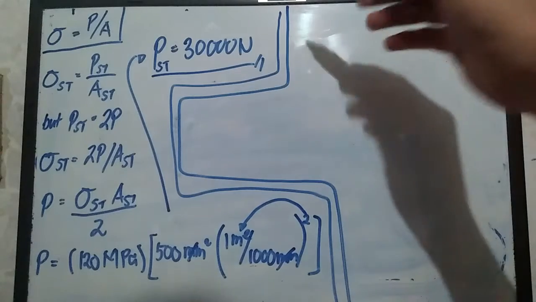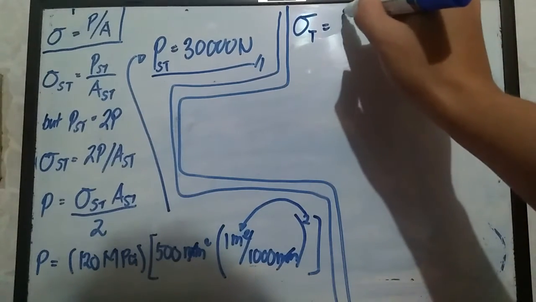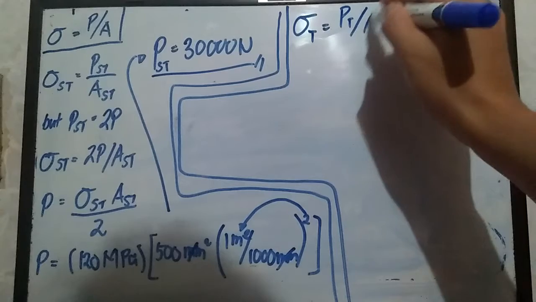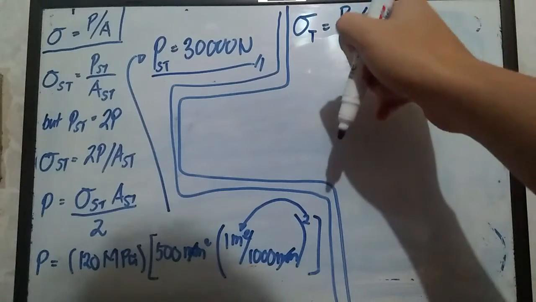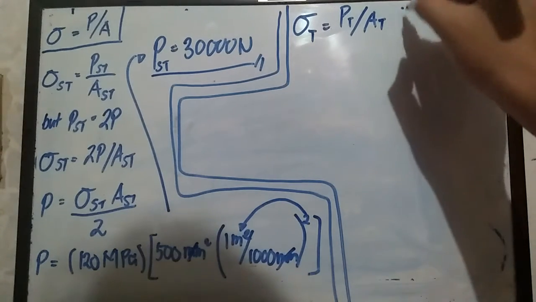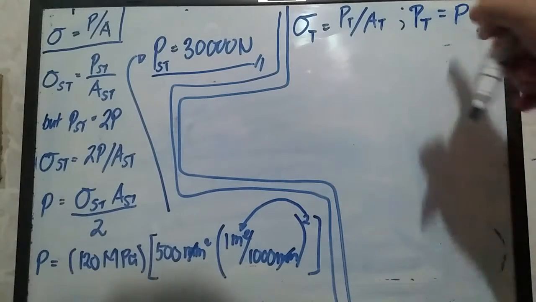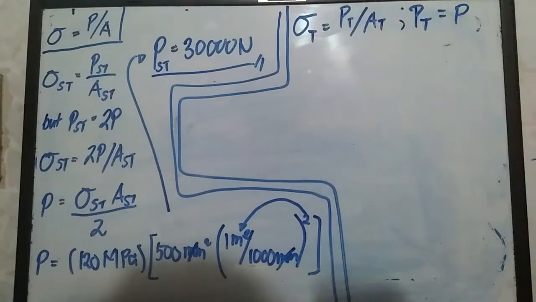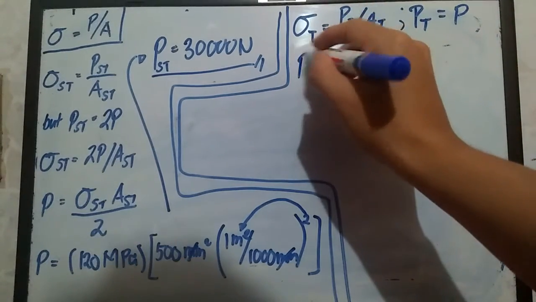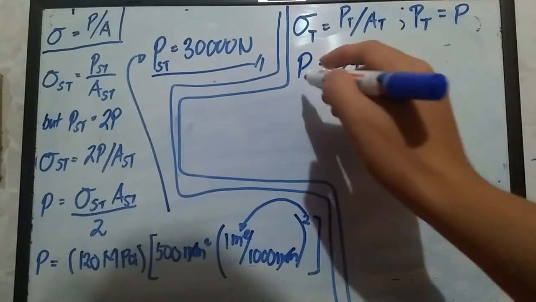Let's go for the timber. Okay, so sigma sub t is equal to P sub t divided by A sub t, solving for P sub t. Based on our solution just recently in the summation of forces, P sub t is equal to single P. So substituting that here, solving for P: P is equal to sigma sub t multiplied by the cross-sectional area.